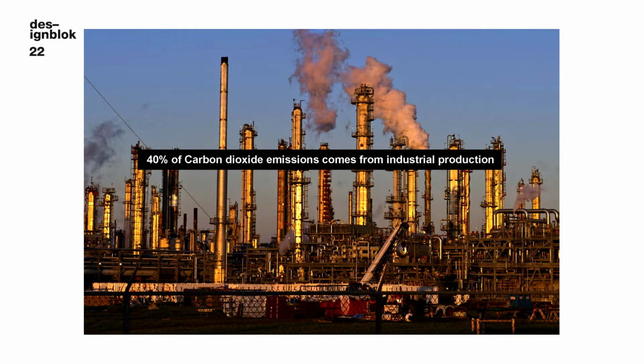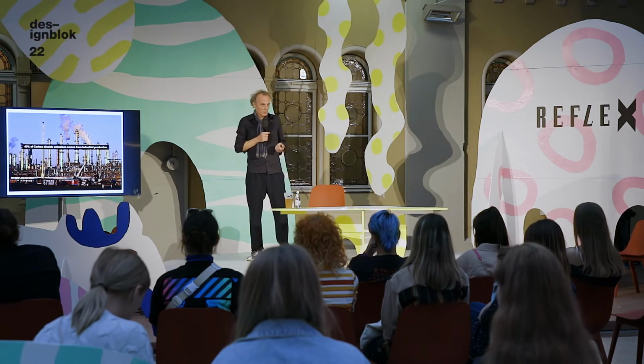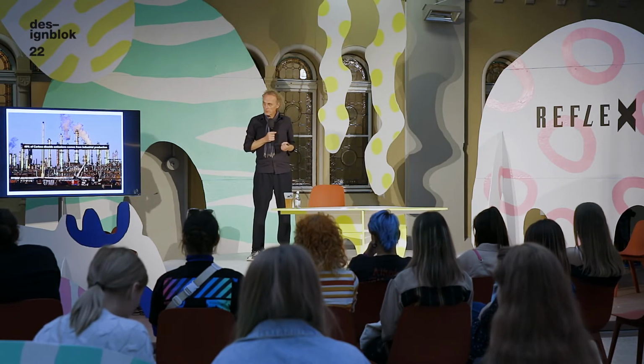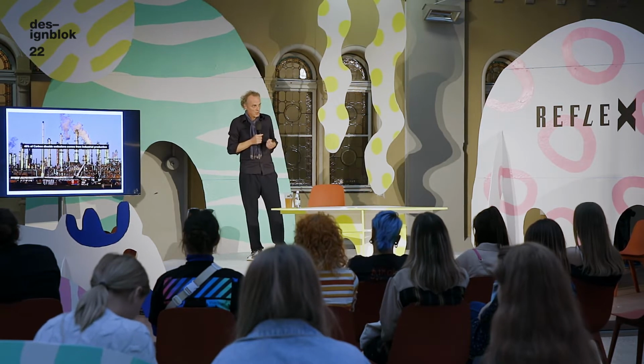Industry which makes all these products, all these useless products, we design as a designer, which are consumed and thrown away. So the biggest part of the carbon dioxide emission comes from fossil fuels. So as a designer, you have a very big responsibility to reduce the carbon footprint of your products.